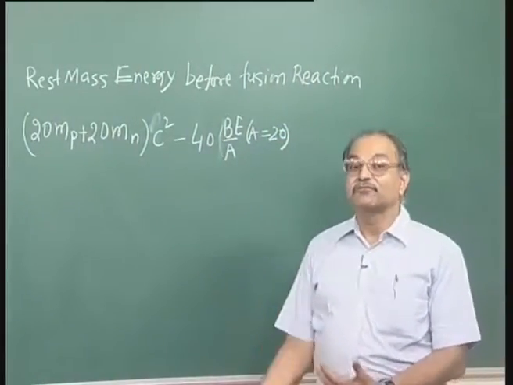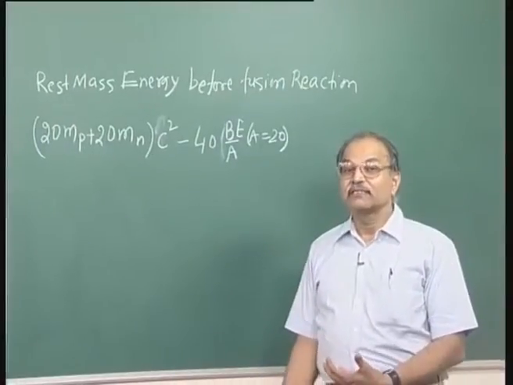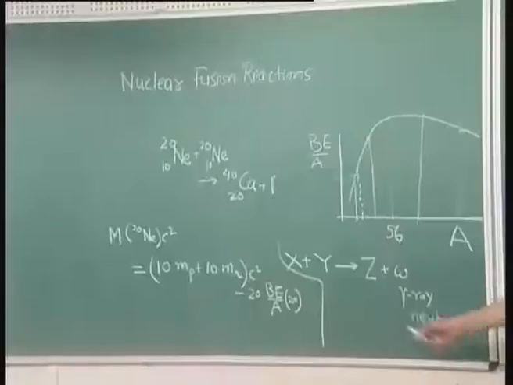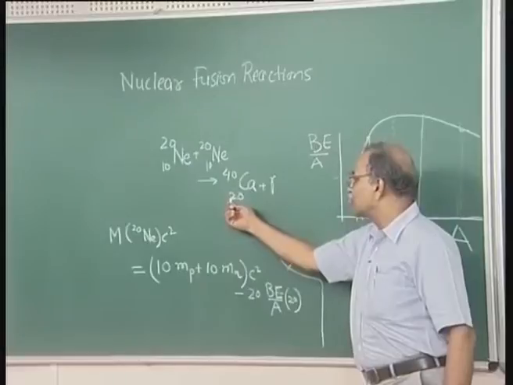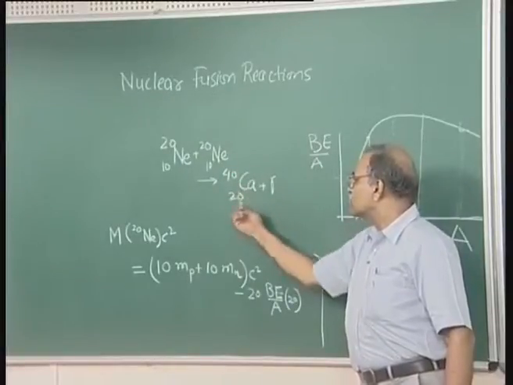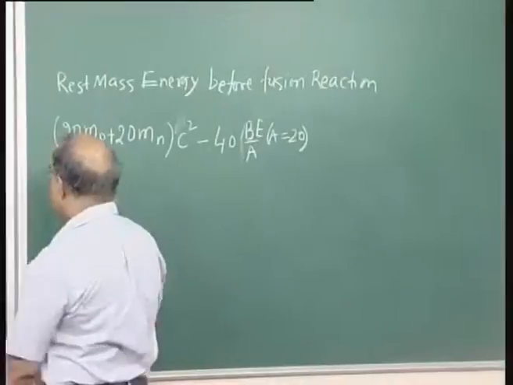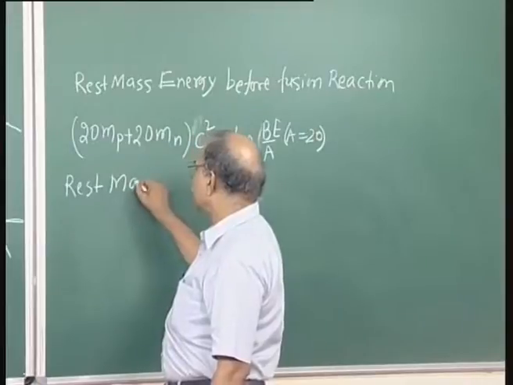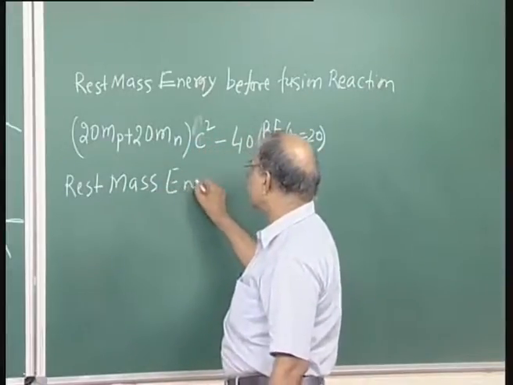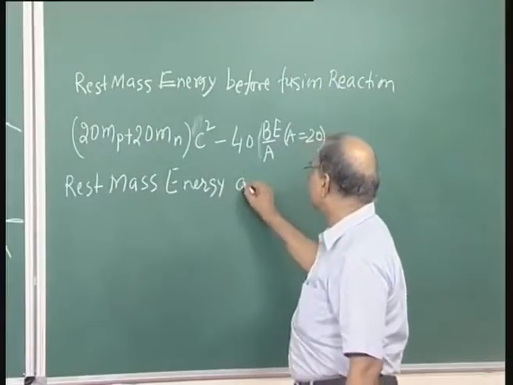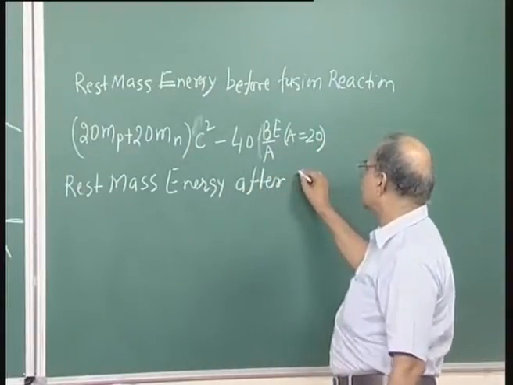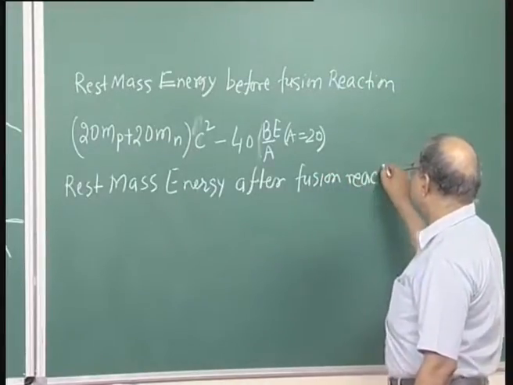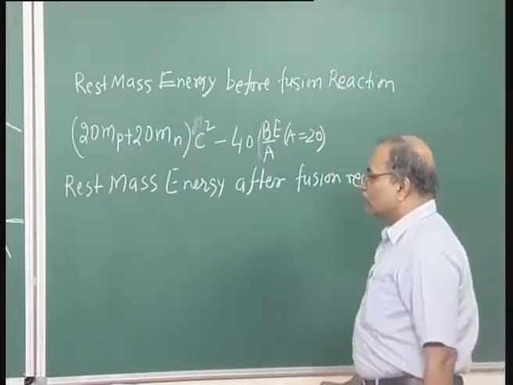What happens after the fusion reaction? After the fusion reaction, you have a single nucleus, calcium-40. So, you have this calcium-40, Z is 20 here. So, the rest mass energy after this fusion reaction, same expression.